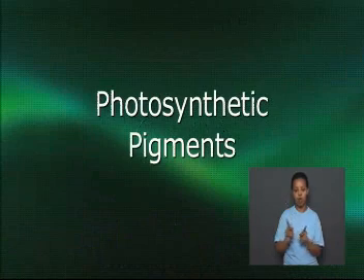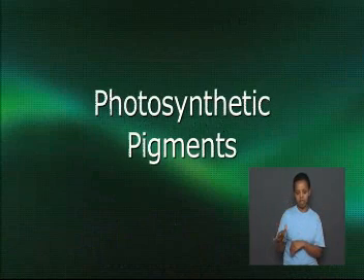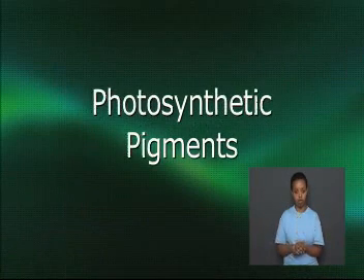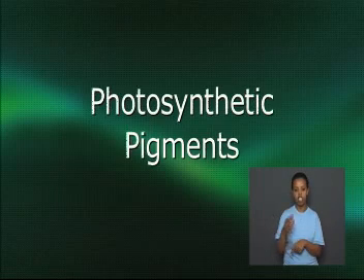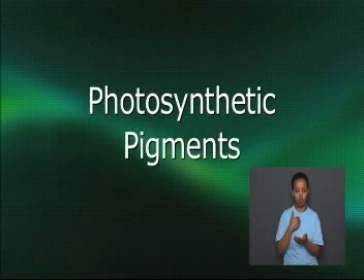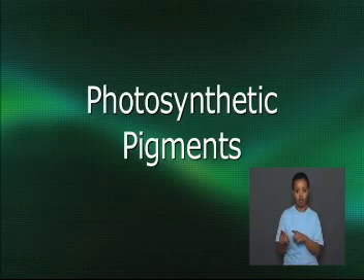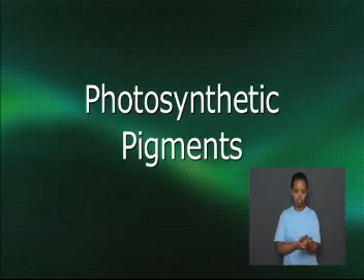Chlorophyll is in fact only one pigment in a group of closely related pigments commonly found in photosynthesizing plants. These pigments are called photosynthetic pigments. Several different classes of pigments are needed in order to maximize the energy taken in from the sun.